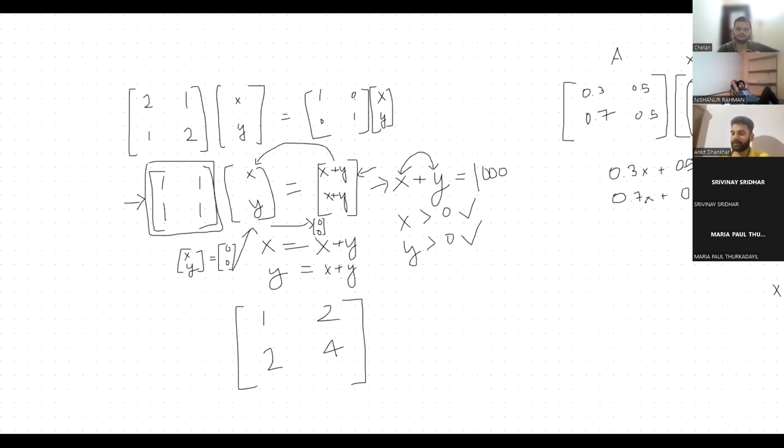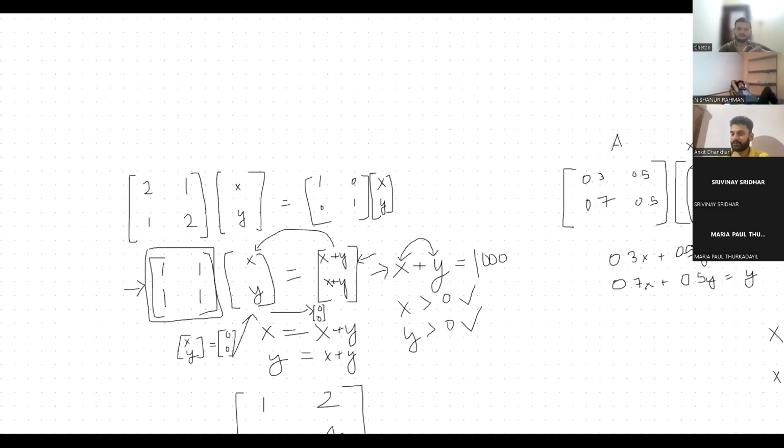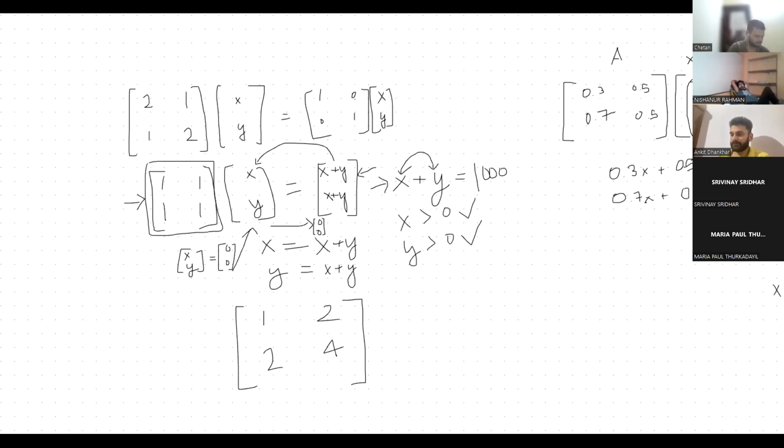Okay, I want to say one thing. Why are we trying to relate the first step and second step? Because in the first step the equations are independent, and then in the second step the equations become dependent. We are not trying to relate it, but our target was finding an x and y which returns us x and y. I understand, and it's not returning that.